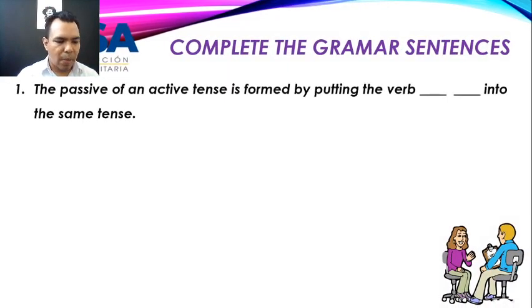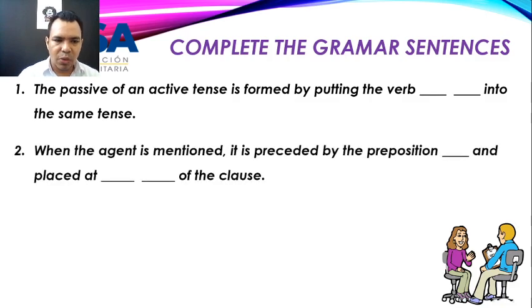Now, it's time to identify some grammar rules that we have covered in this session. Number one, the passive of an active tense is formed by putting the verb into the same tense. Remember the lesson, watch the video again in order to complete this. Number two, when the agent is mentioned, it is preceded by the preposition and placed at of a clause.